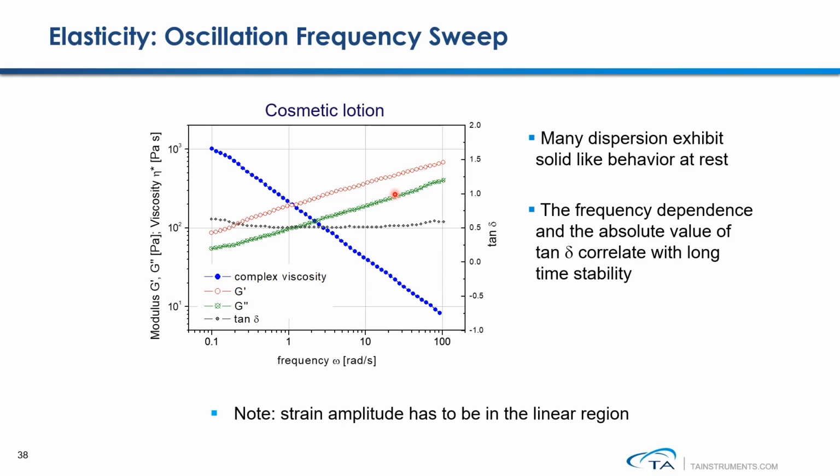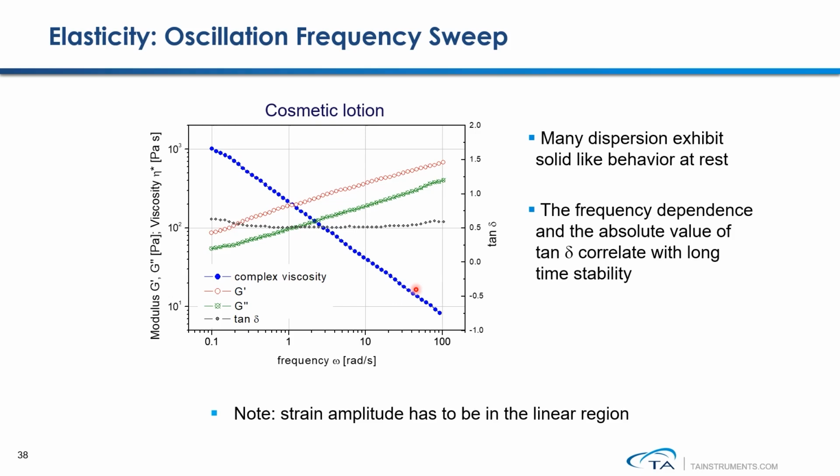But both moduli are slightly increasing with increasing measurement frequency. That tells you that the structure of this lotion sample is not very stable. It is frequency dependent. During the measurement, you are also able to get the complex viscosity information. This result shows that this lotion sample behaves very shear thinning.